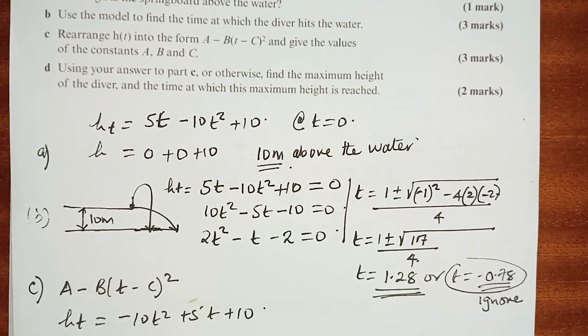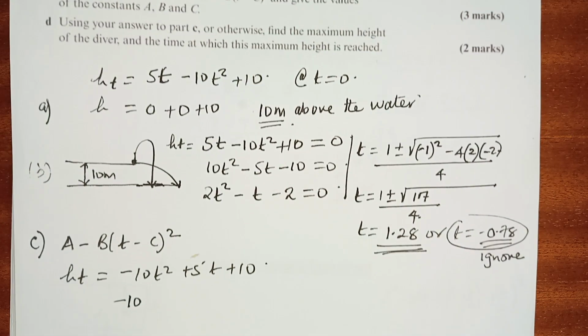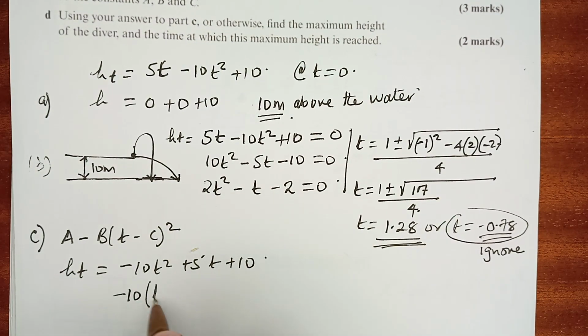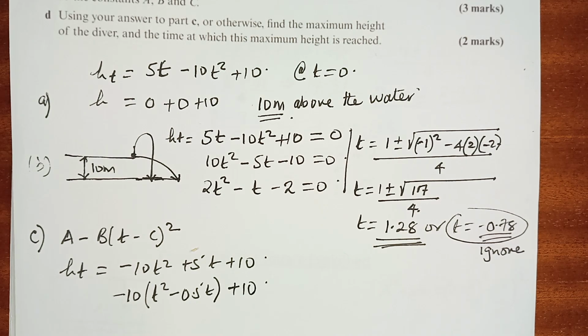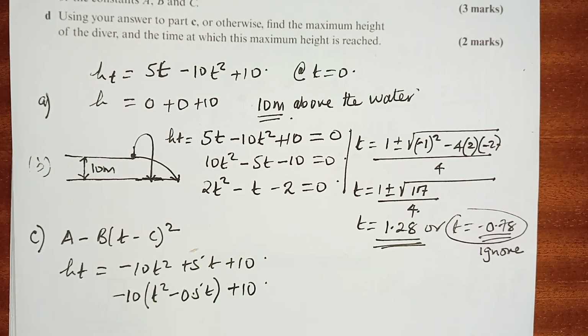Writing it in this form, first of all we must get minus 10 outside. We get it outside. Into the bracket we have t squared minus, this divided by 10, is 0.5t, plus 10. We are actually completing the square.